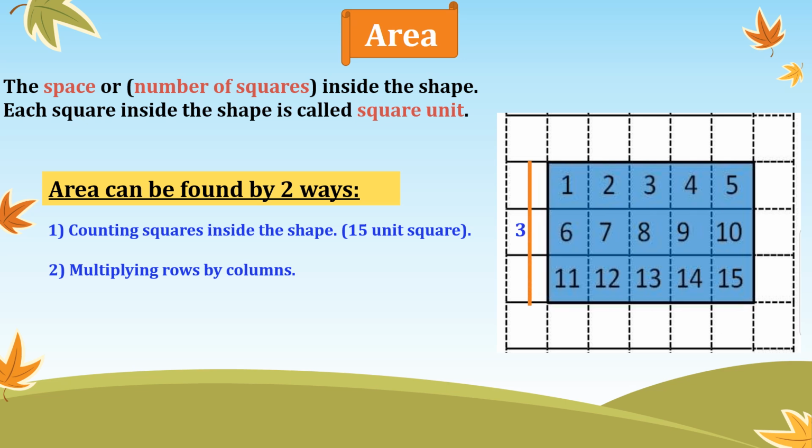We have 3 rows. How many columns here? 5. We have 5 columns. So if we multiply 3 by 5, or 3 times 5 equals 15. 15 what? 15 square units. So the area is 15 square units.